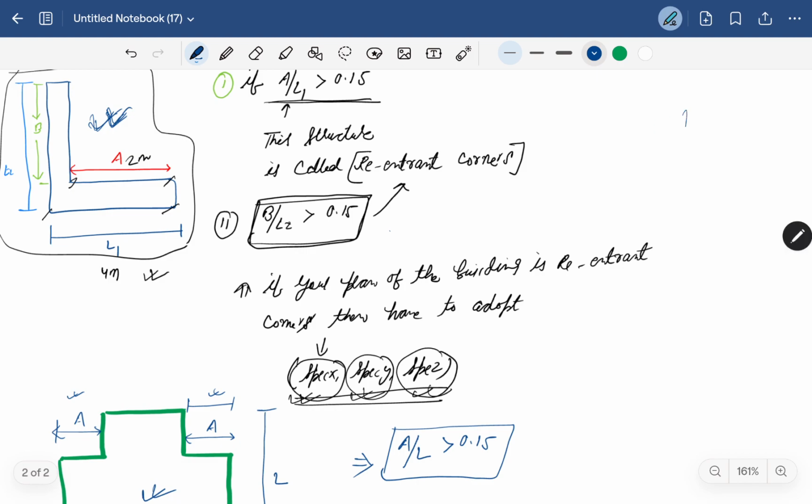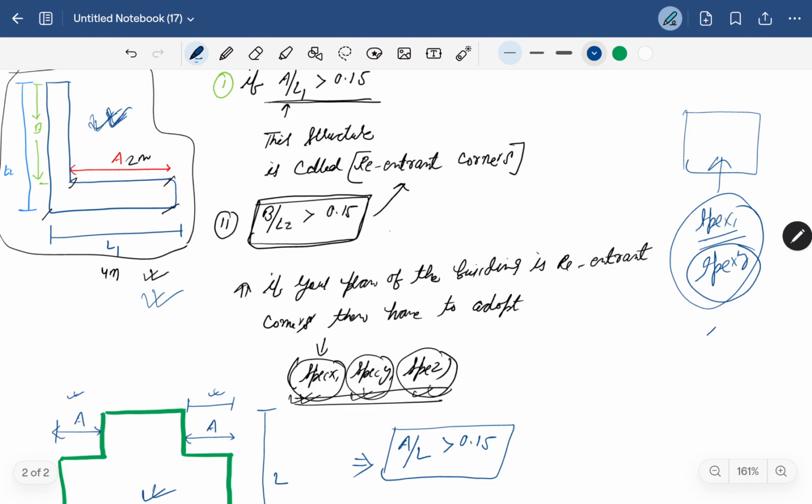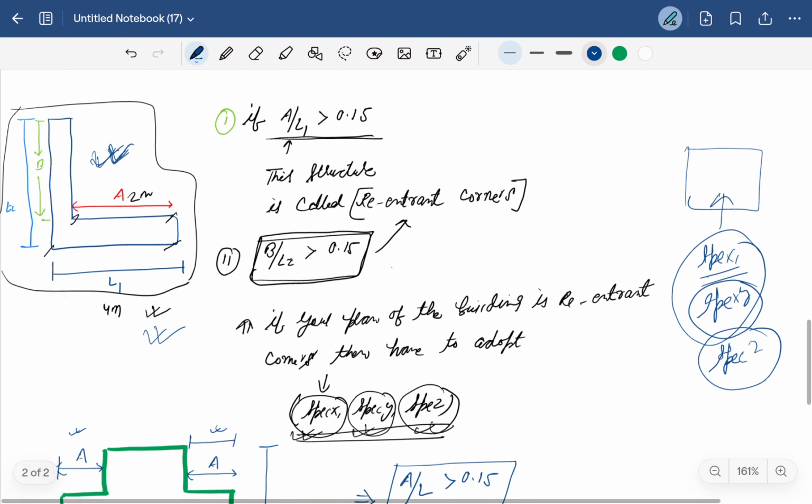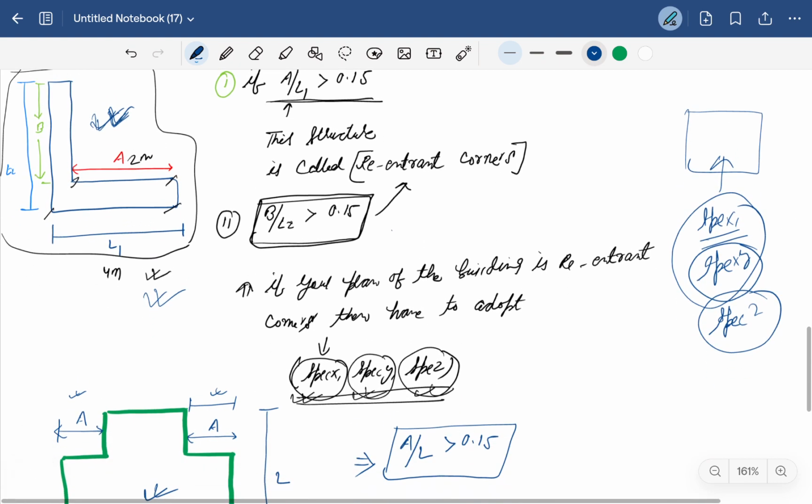For a normal structure, suppose this is your structure, we generally adopt dynamic analysis only in the x direction and in the y direction. But in the case of reentrant corners, we have to apply three-dimensional dynamic analysis, meaning spec z also we have to apply and check. So this is called reentrant corners.